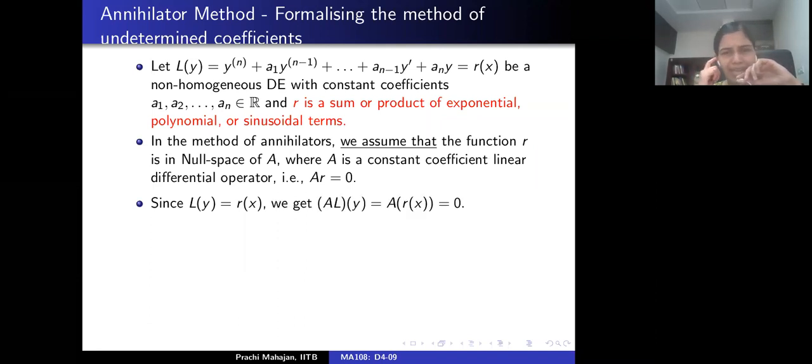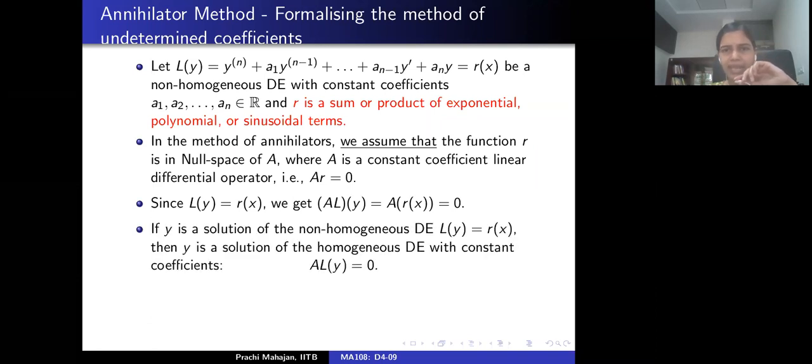If I apply A on both sides, I get A of Ly equal to 0. That means any y which is a solution of the non-homogeneous equation Ly equal to R(x) is also a solution of the homogeneous equation with constant coefficients, ALy equal to 0.